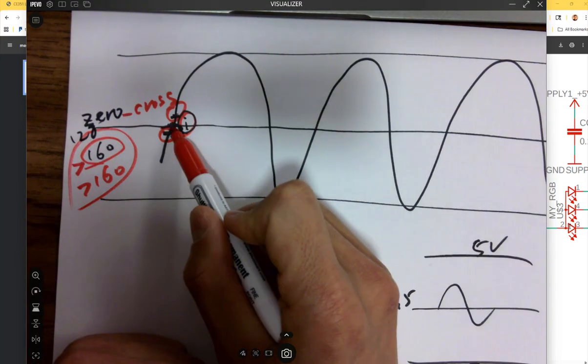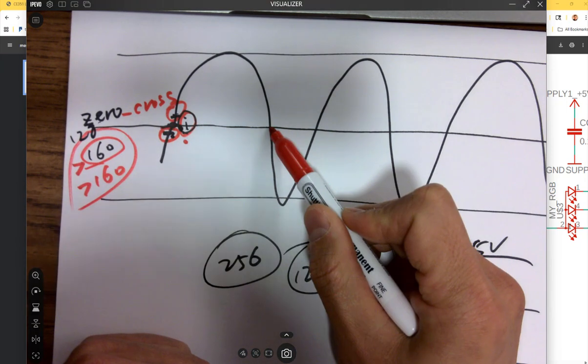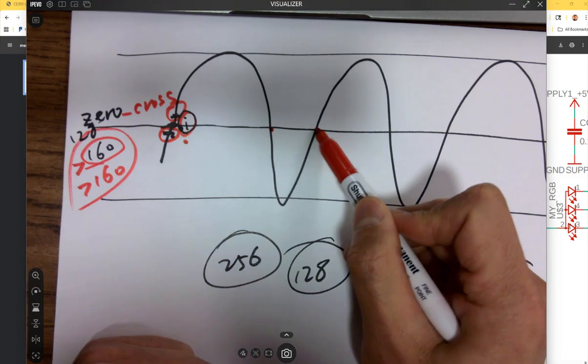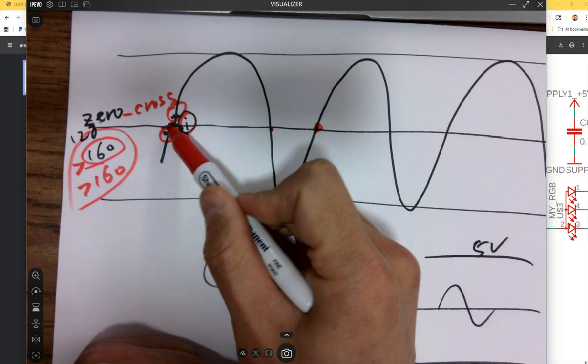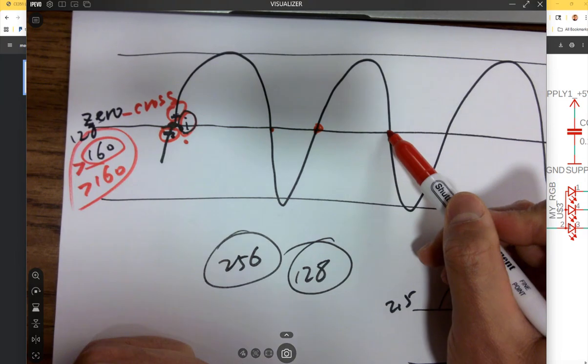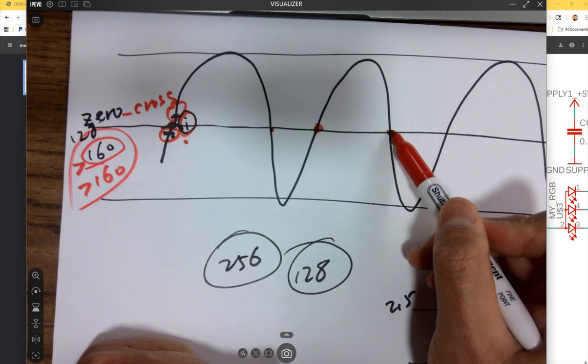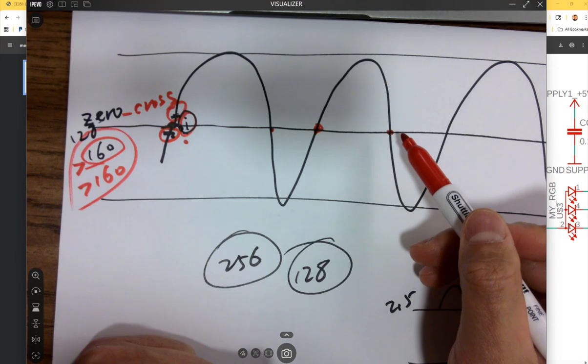One zero cross, one zero cross? Why and why not? This is one zero cross. This is the same as this guy. Zero cross or not? It crosses zero, but in the wrong way. Is this a zero cross? No. Why?